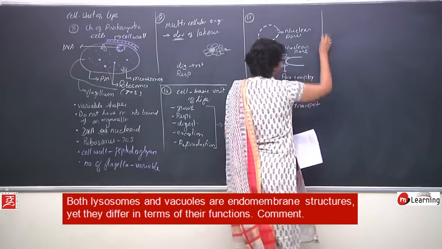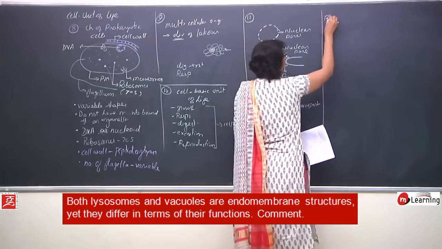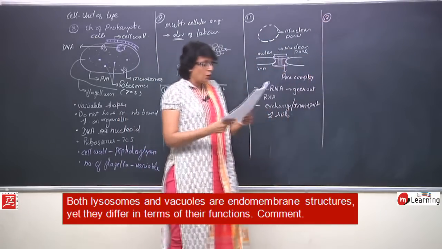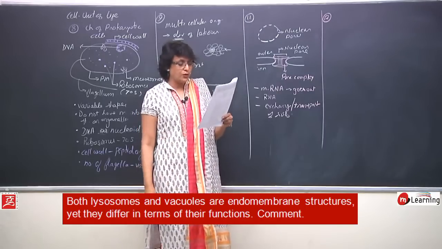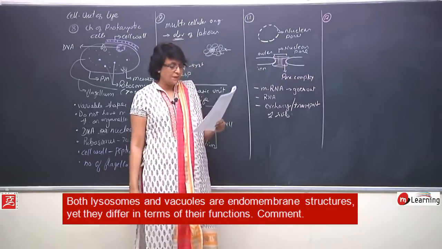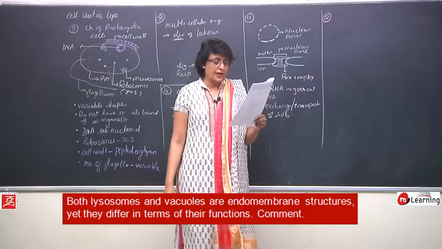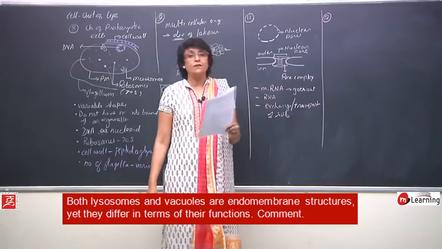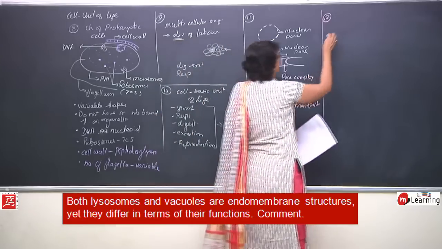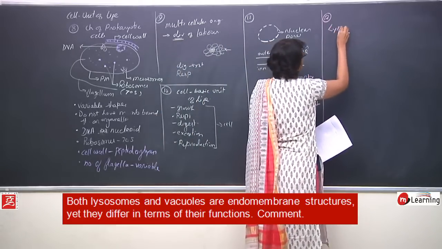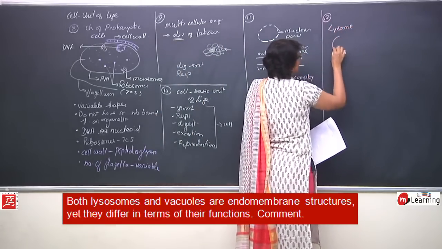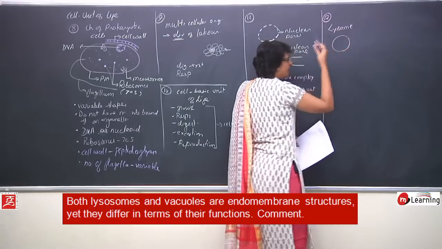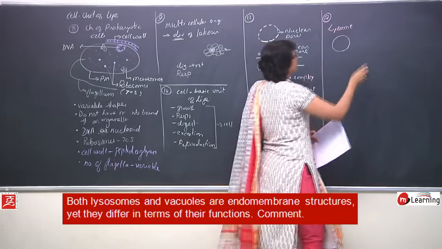12th question. Both lysosomes and vacuoles are endomembrane structures, yet they differ in terms of their functions. When we made the structure of a lysosome, we made a circular, simple, membrane bound structure.